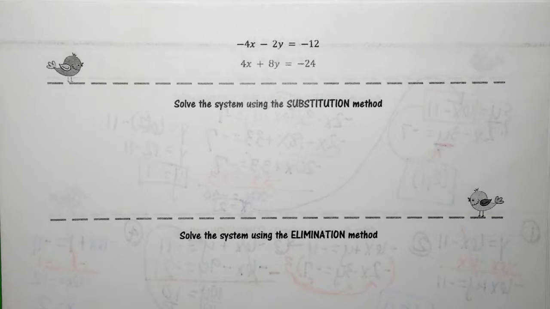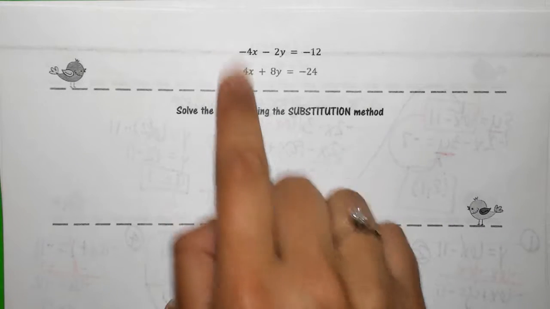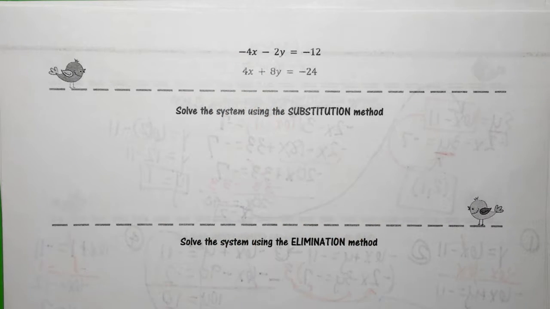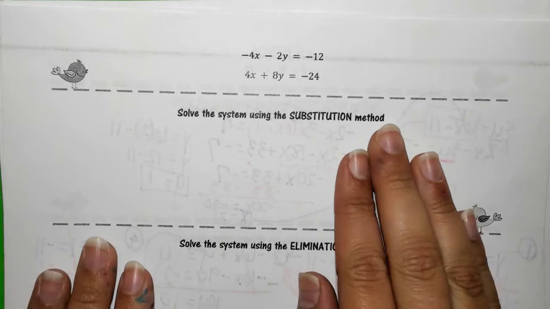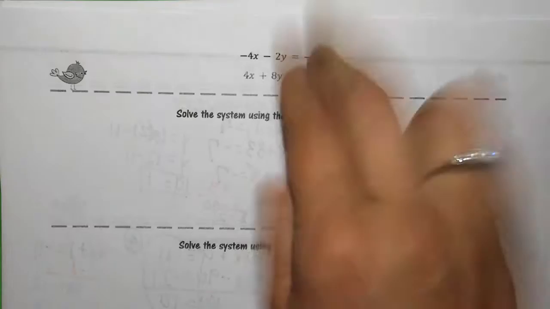Which one? Elimination! Yes. Now, why would we use elimination first? X and Y are lined up. Now, we don't have a variable by itself, so we're not going to substitute. They're both not solved for y, so we're not going to graph yet. We are going to eliminate.